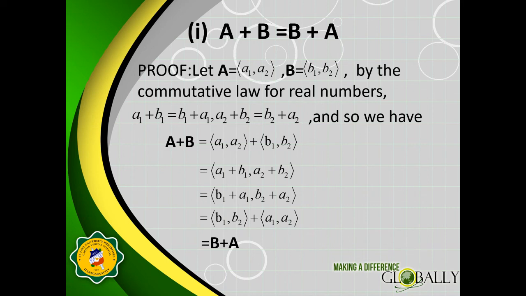By the commutative law for real numbers, A1 plus B1 equals B1 plus A1, and A2 plus B2 equals B2 plus A2. And so we have A plus B equals (A1, A2) plus (B1, B2).